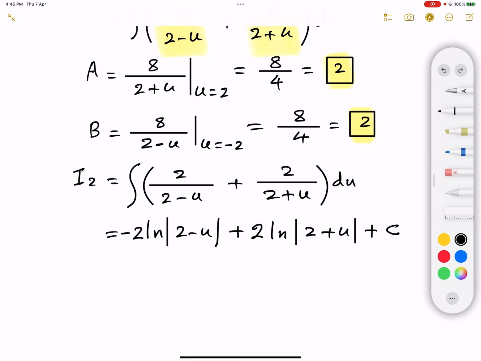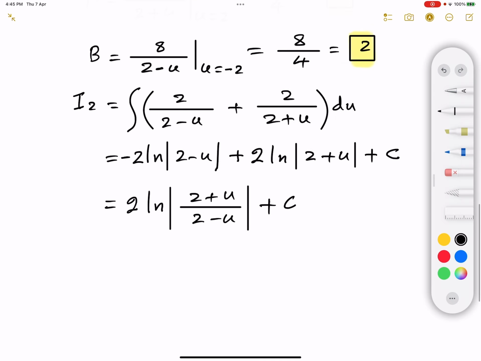So basically, we can rewrite that. We can take the 2 as a common factor, and that's going to give us the natural logarithm of the positive term, which is 2 plus u, divided by the negative term, which is 2 minus u, and then we close, plus c.